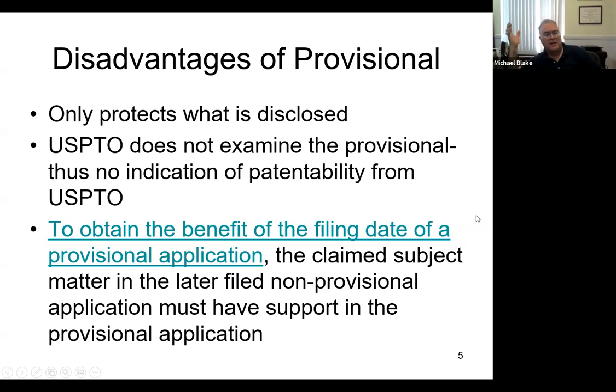So the disadvantage of a provisional is it only protects what is disclosed in the patent application. And that's the same disadvantage that you would have in a non-provisional. But this maybe is more of an issue for a provisional if you're trying to save money, and I'm trying to limit the time I spend on a provisional. So I may only talk about 1 or 2 embodiments of an invention because I'm trying to keep the cost down and spend 5 or 6 hours on it.